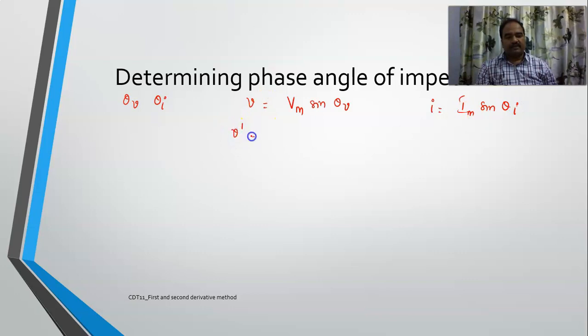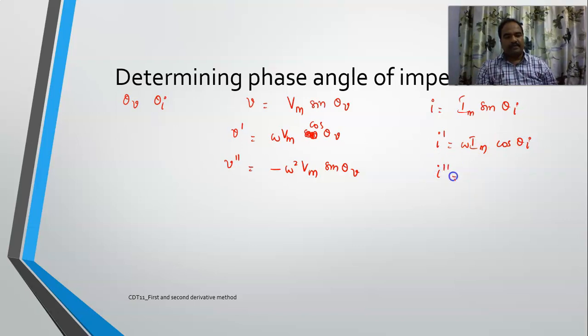If I differentiate it, I'll get omega Vm cos theta V. If I differentiate it twice, this will become minus omega square Vm sine theta V. Similarly here, I dash is omega Im cos theta I, whereas I double dash is minus omega square Im sine theta I, because theta V was omega t and theta I was omega t plus phi. We have already seen these things in the previous method.